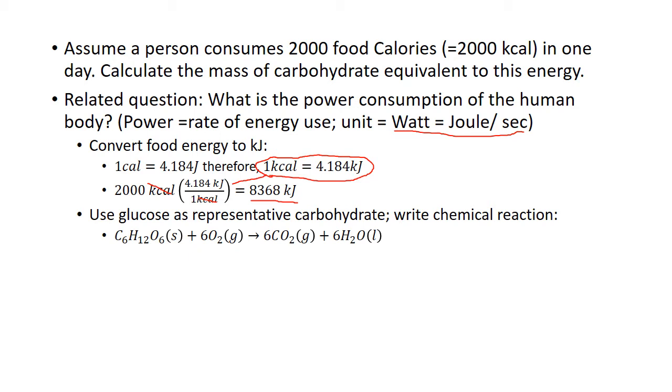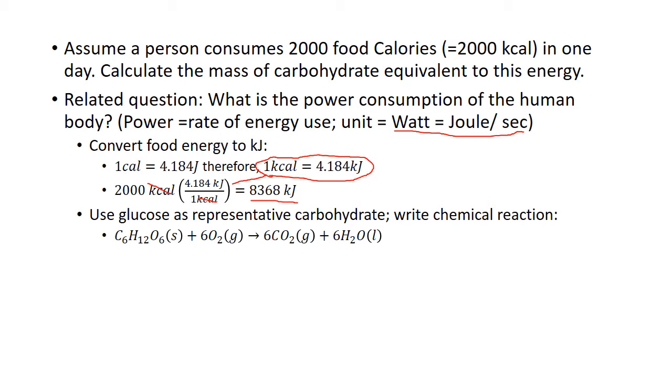The whole process is very complicated, but overall, this is what happens. I write this and balance it, and you can look at the coefficients and confirm that it is balanced. When I write this in doing thermochemistry, I think of it as standing for 1 mole of glucose, 6 moles of oxygen, 6 moles of carbon dioxide, and 6 moles of water.